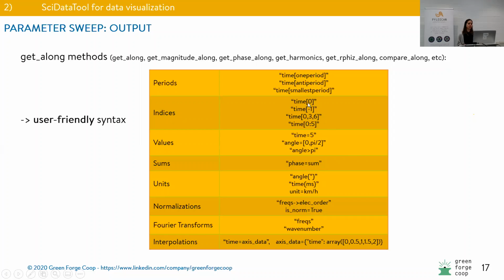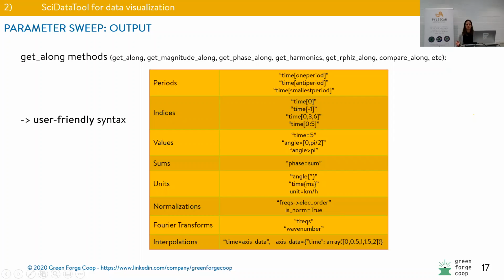So if you call, let's say I want the torque at time for the first index, this syntax will extract a slice of your torque at this index. You can set a list of indices or even a range of indices. You can also slice along a given value.